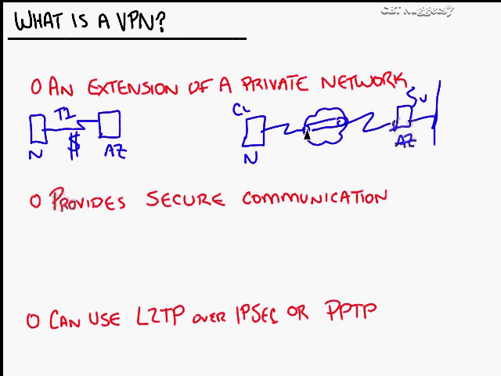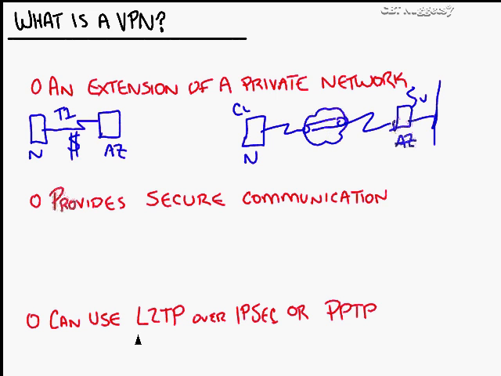We use a protocol such as L2TP over IPsec down here, or the point-to-point tunneling protocol. L2TP stands for the Layer 2 tunneling protocol. This is the point-to-point tunneling protocol. And either one of these will provide that secure communication that we need, because every single piece of data that we send across that tunnel will be encrypted.